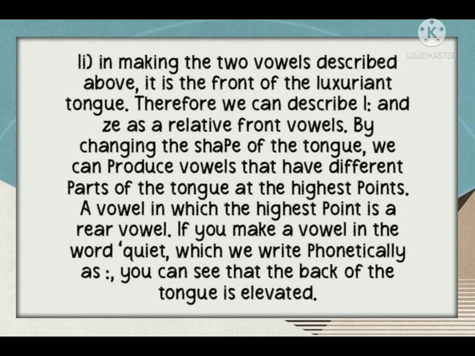By changing the shape of the tongue, we can produce vowels that have different parts of the tongue at the highest point. A vowel in which the highest point is the back is a back vowel. If you make the vowel in the word kite, you can see that the back of the tongue is elevated.